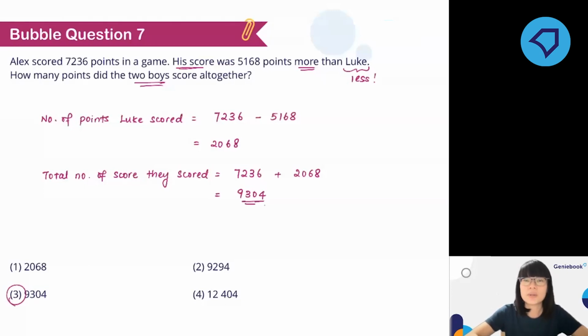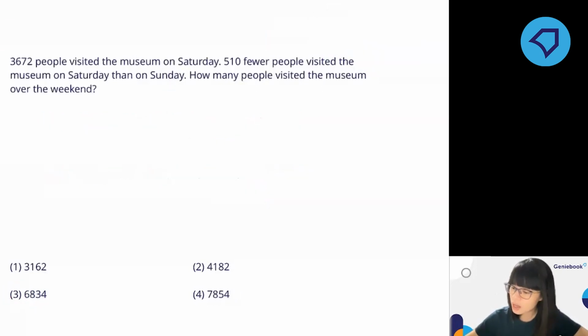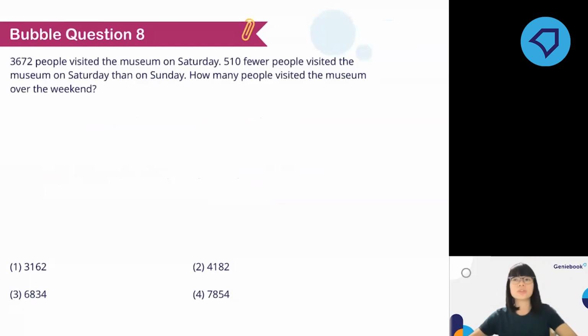Easy? Okay, shall we try one more bubble question before we go on to our challenge question? Let's take a look at bubble question number 8. 3,672 people visited the museum on Saturday. 510 fewer people visited the museum on Saturday than on Sunday.